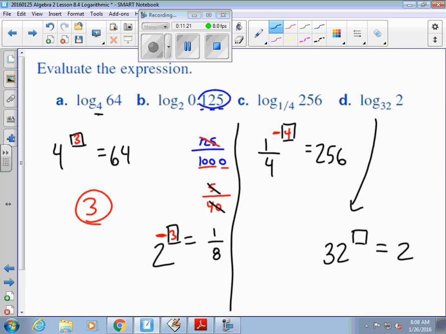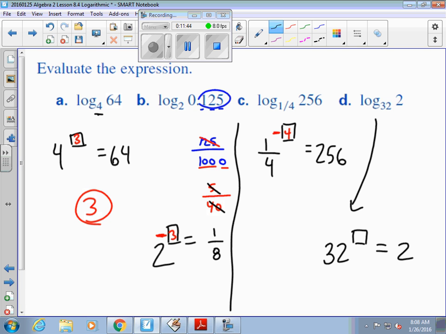So remember, we had one like this a little while ago, where we did the 1/3 power of something, or remember the 1/2 power means you're taking the square root of it. The 1/3 power means you're taking the cube root. 1/4 power means the fourth root. What this is asking you, which root of the number 32 is 2?